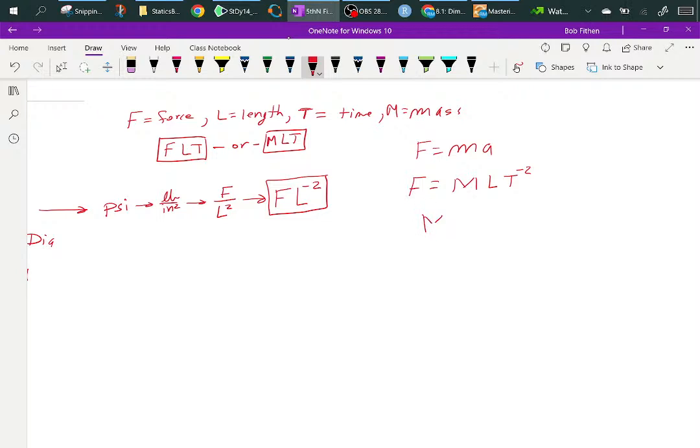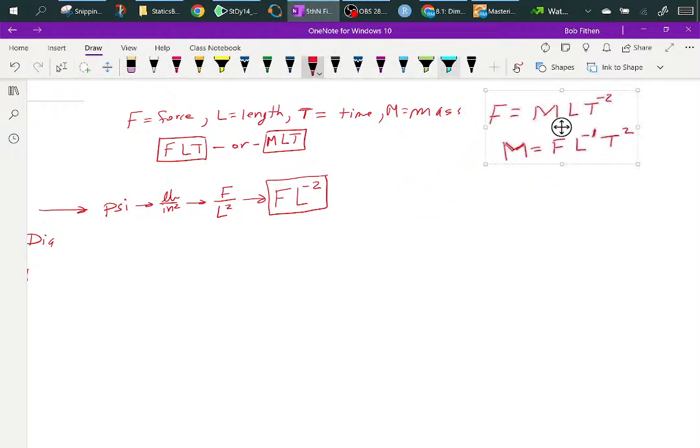So now I can say M is equal to F L to the minus 1 T squared. I just move the L over to the other side and move the T over to the other side by dividing. So F is equal to MA gets you that. So I got these two conversions here.